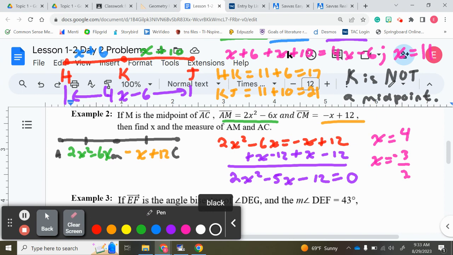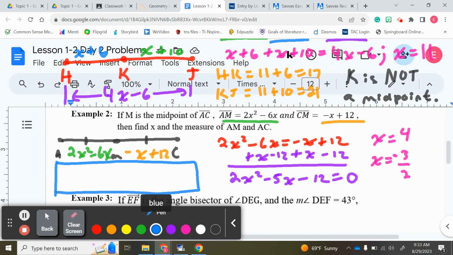So after we substitute these in, if you're using x is equal to 4, you get AM is equal to MC, which is equal to what? Who can tell me? Calculators are fine.